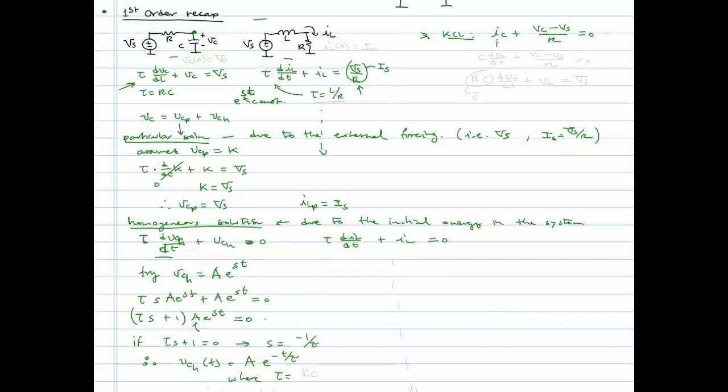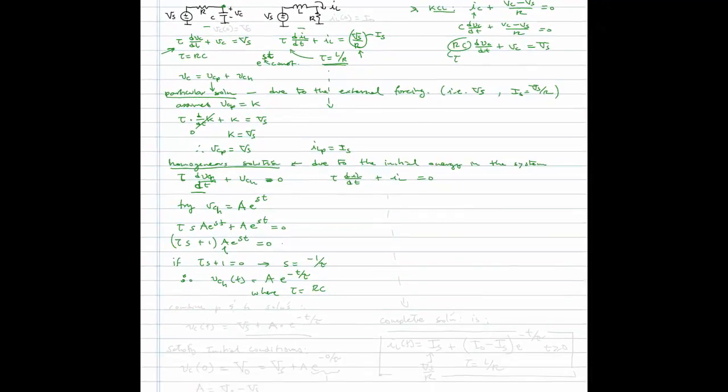We replace IC with C dVC/dt, and then we multiply through by R, so we get RC dVC/dt plus VC is equal to VS. And we see here this is tau. We can do the same thing for the RL circuit, and we find that tau is L over R. So back to our circuit down here, we find that the tau is equal to RC.